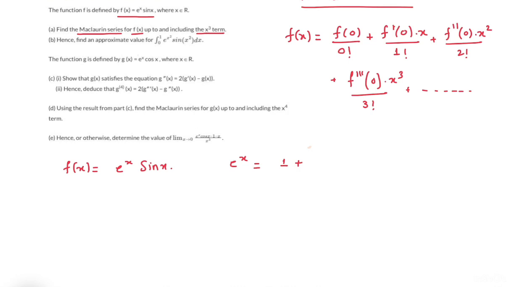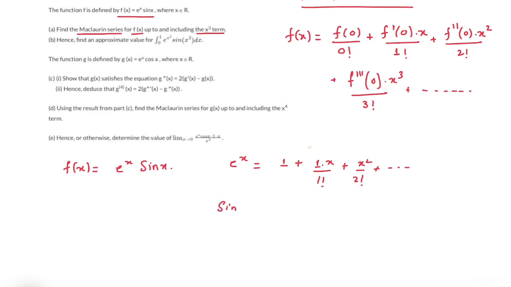Plus f'(0). The first derivative of e raised to the power x is e raised to the power x, and when we put x equals 0, we will get again 1 into x divided by 1 factorial, plus f''(0), that means again e raised to the power x, so we will get 1 again, x square by 2 factorial and so on.